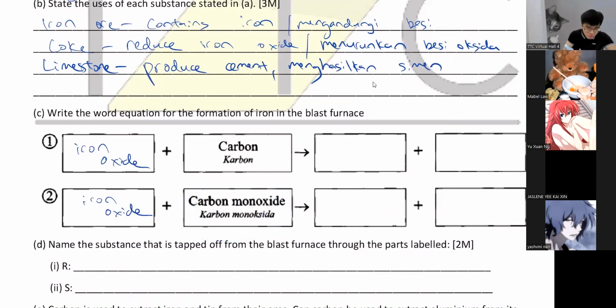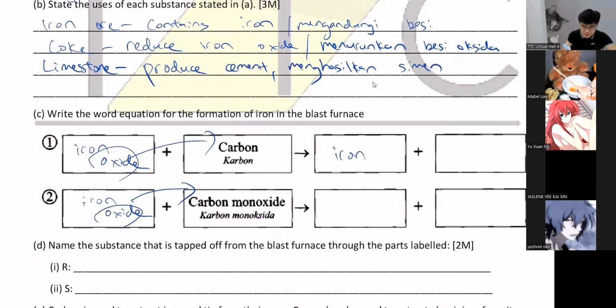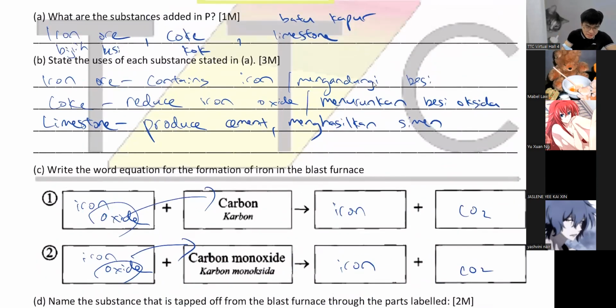They have the same job, which is to take the oxygen away. Now when the wife kena rampas already, it's left with iron, besi. And now you have carbon dioxide. So both of these are the same equation.